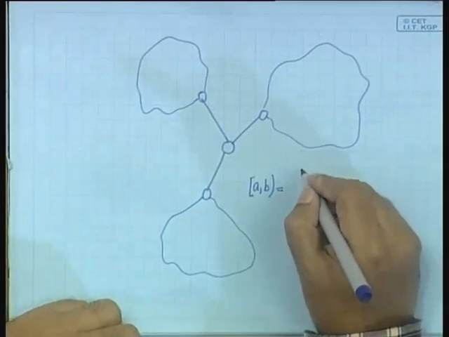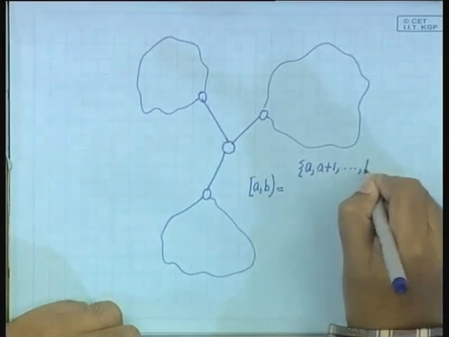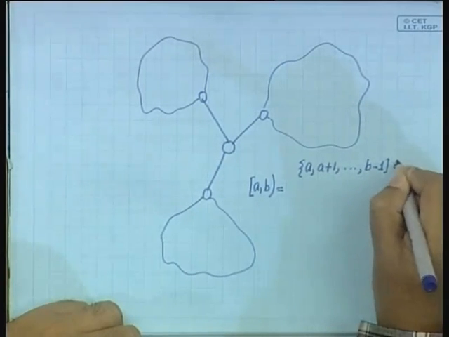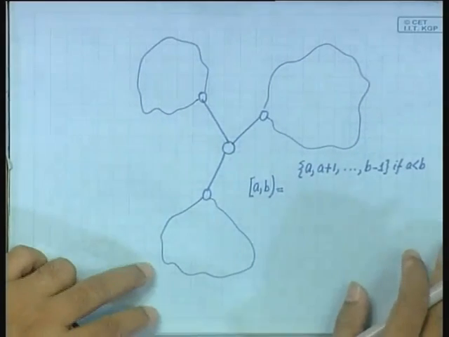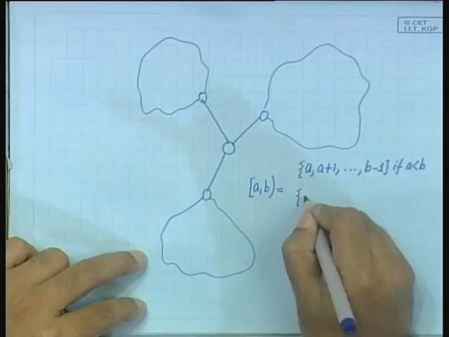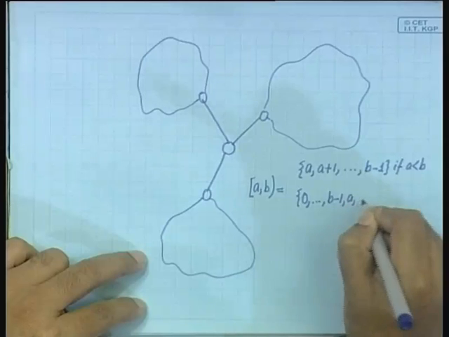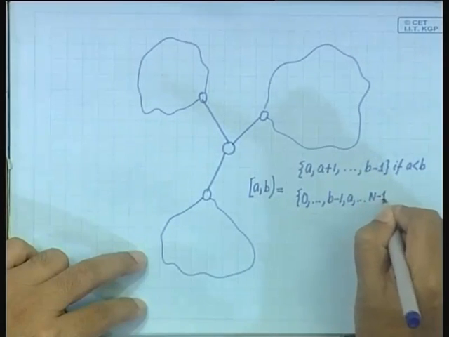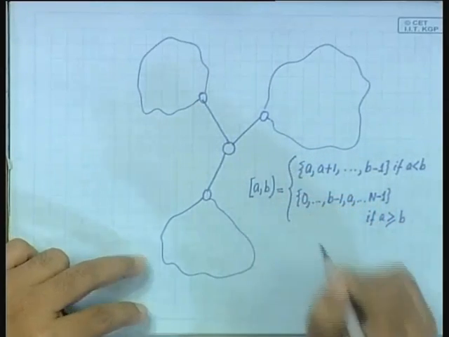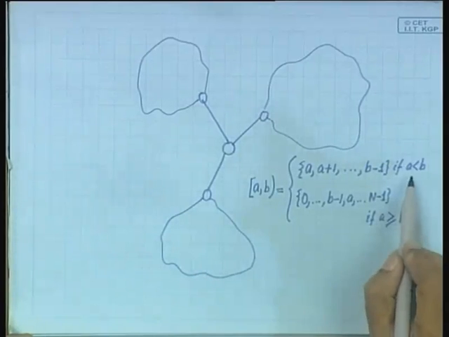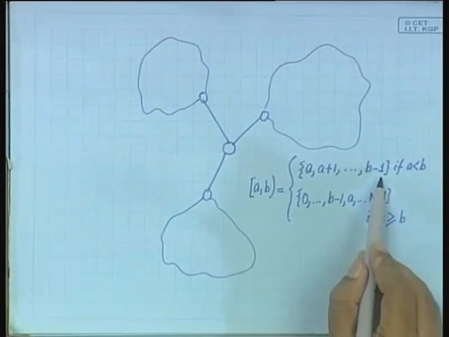Now I want that all the nodes that are there here lie in some cyclic interval. What is a cyclic interval? A cyclic interval AB is A plus 1 to B minus 1 if A is less than B, okay, and otherwise it is the numbers from 0 through B minus 1 and then from A through N minus 1. So if A is less than B, then this cyclic interval is the set of numbers from A to B minus 1.